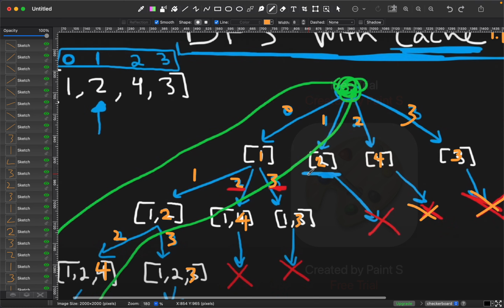2, I can... wait, what? I'm supposed to be able to go 4 and 3, right? Let me think.